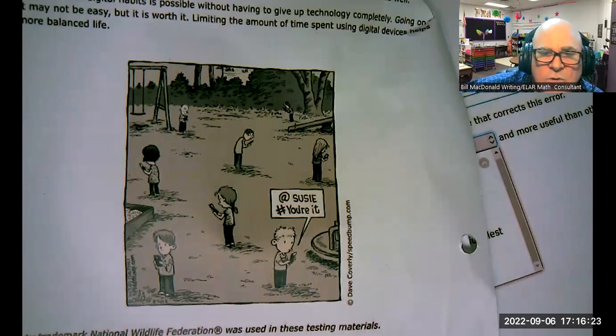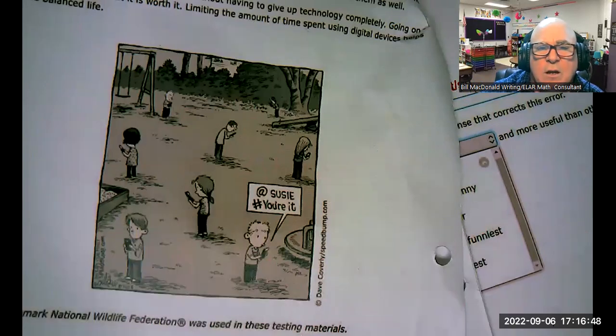It just shows kids on a playground who are on their phones. Every single one of them is staring at their screens. Some of them are reading, some of them might be typing. So that's the picture that you'll see in the test version that I'll update for you to make sure that it's there.